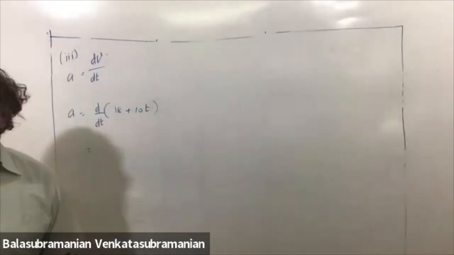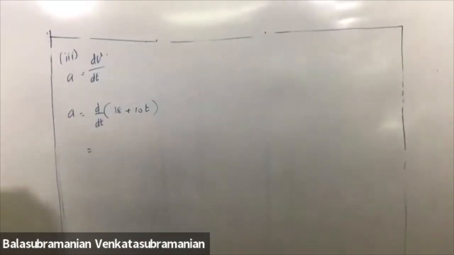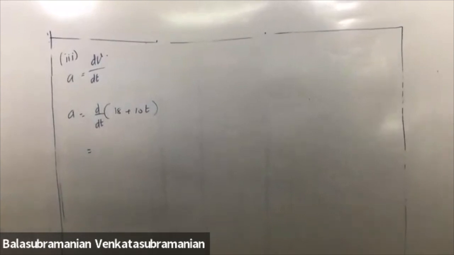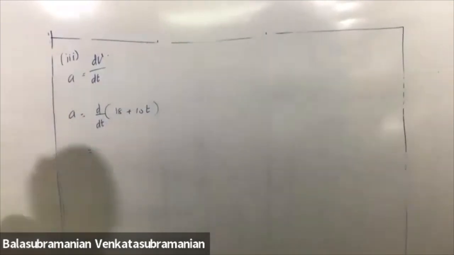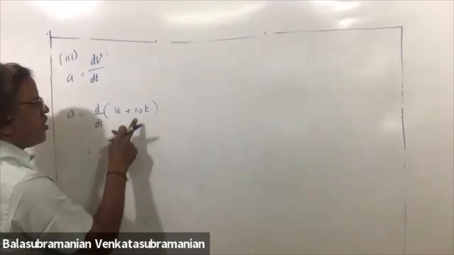What is t value given? Calculate instantaneous acceleration. Instantaneous, at that moment. When you differentiate 18, it is a constant, it is 0.